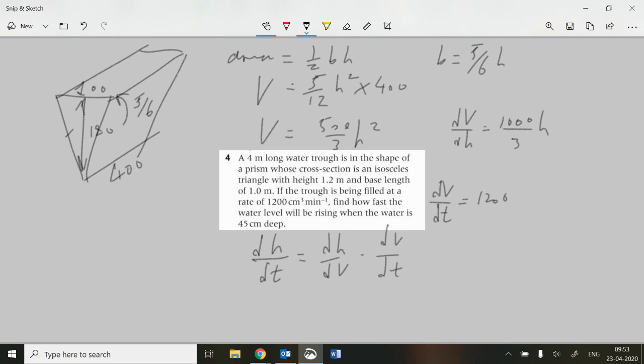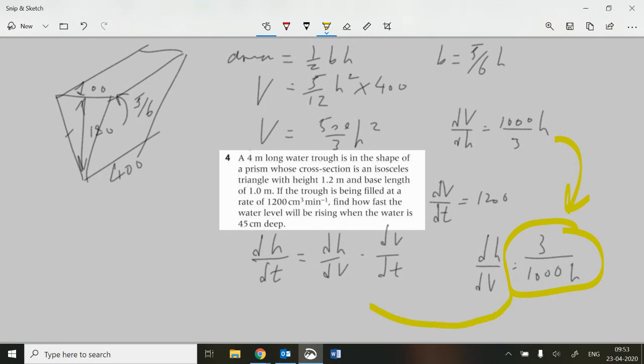And now, of course, we can take the reciprocal of this, so dH/dV is going to be equal to 3 over 1000 H. So we've got all of the information, we took the reciprocal. Now this can go in for this, and this can go in for this, and we can put in the 45 centimeters for H as well.